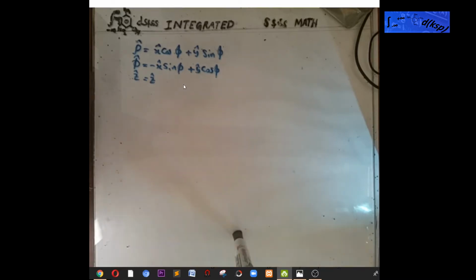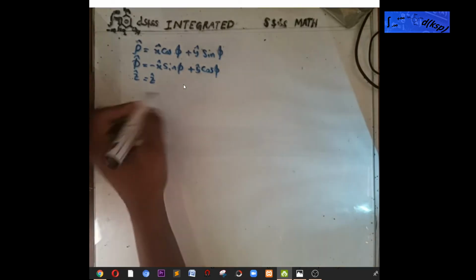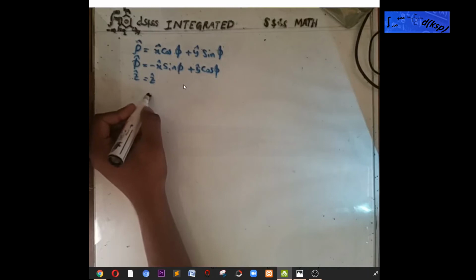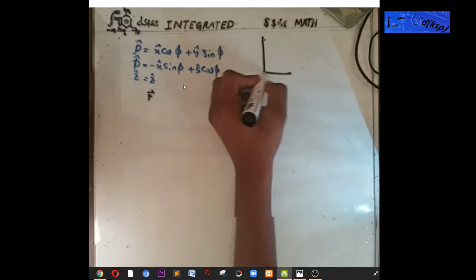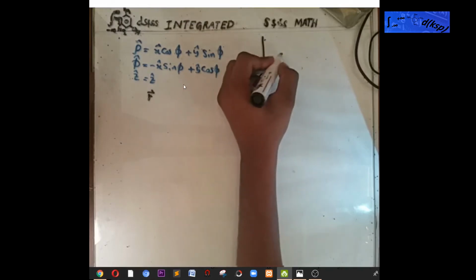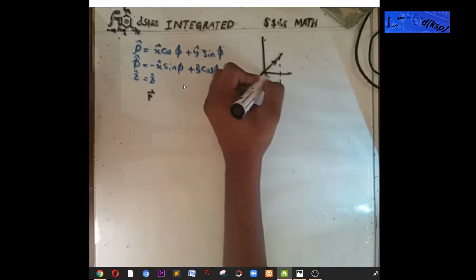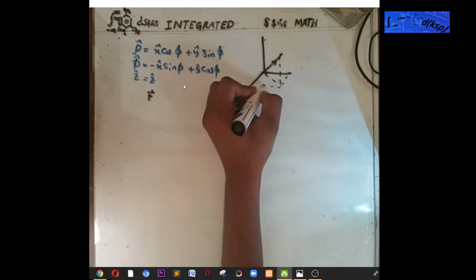So today we need to talk about the del operator. First of all, I'm going to write this down. I hope you remember the cylindrical coordinate system. This is a vector lying along an arbitrary direction.